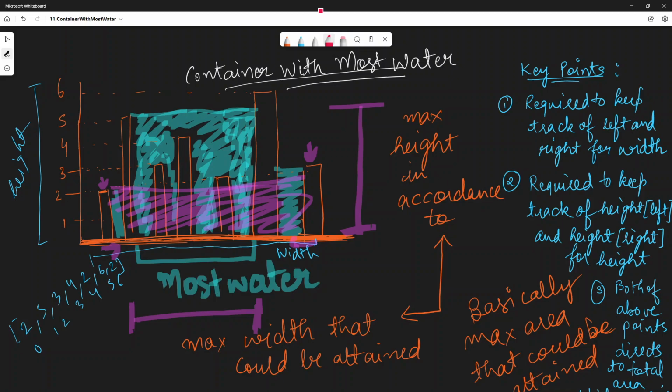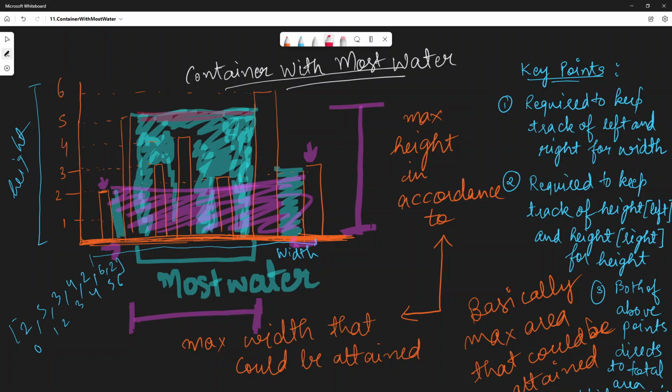In that context we'll update our new height, and that gives us the portion where we could find the maximum area. So we would be updating with the left and right pointers, which is basically the width, and also with the heights of these portions.